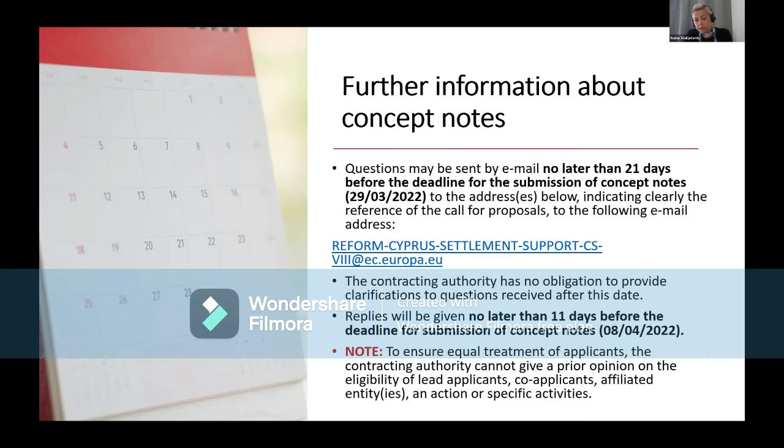And you have very clearly stated for each lot the eligibility criteria for lead applicant, co-applicant, and affiliated entities. So you need to read it carefully, read the footnotes as well, and then distinguish if you are eligible to apply or if your action or activities are eligible.